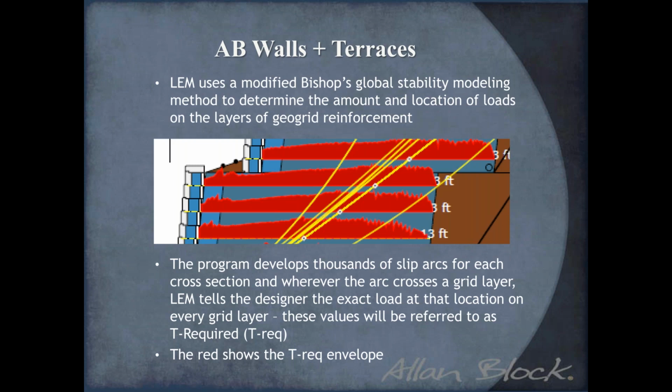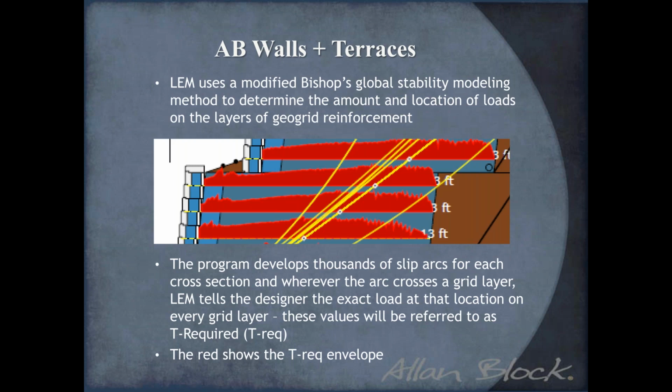And those positive forward forces have to be dealt with or captured by the grid layers to make it stable. So the program develops thousands of slip arcs along each cross section, and wherever the cross section grid intersects a grid layer, the LEM tells the designer the exact load required by that geogrid to make it stable.